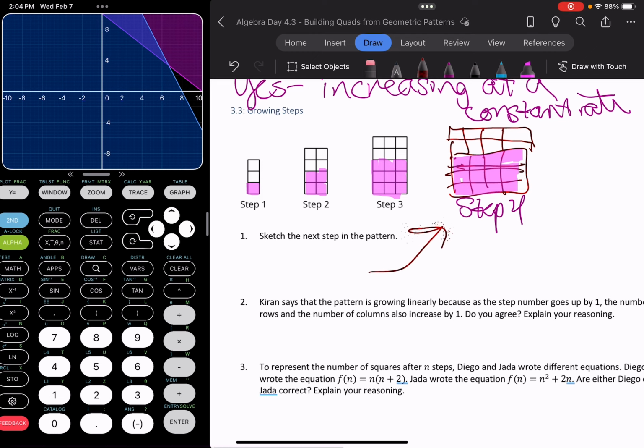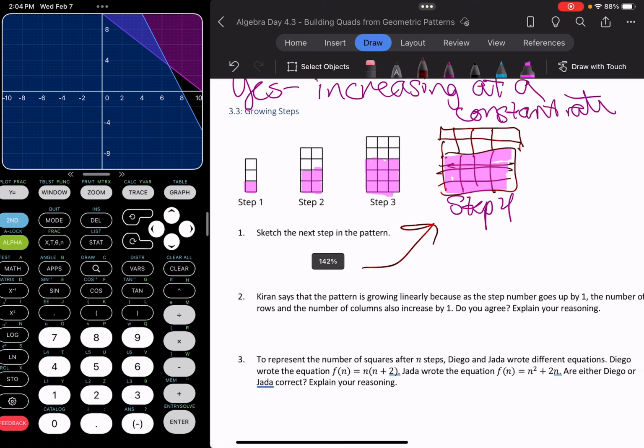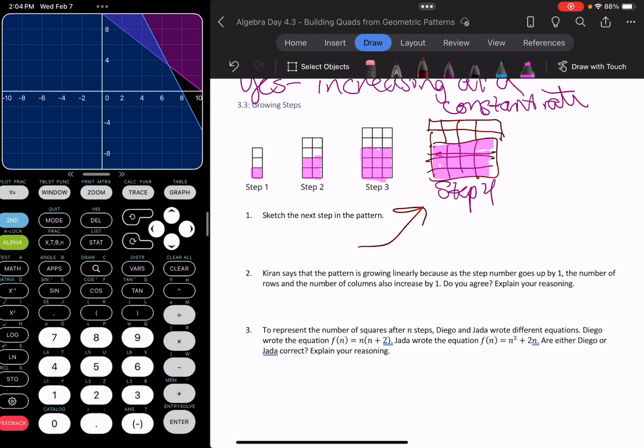So there's my sketch. Kieran says the pattern is growing linearly because the step goes up by 1. The number of rows and columns also increased by 1. Well, no, I don't agree, because that's not the number of squares we're adding.